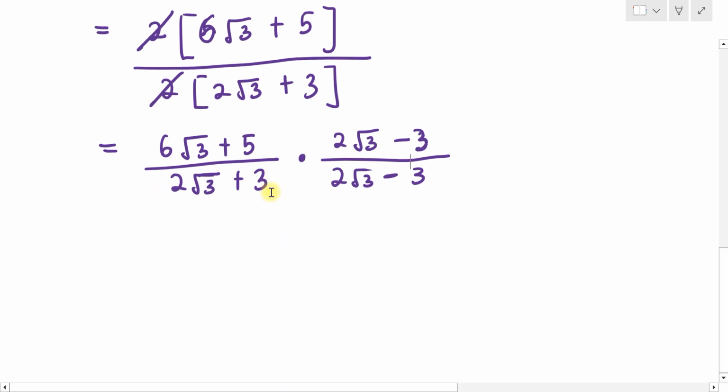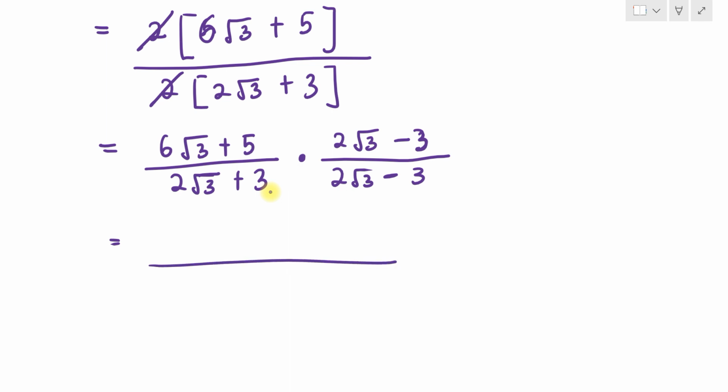Okay, right, and then we try to multiply 6√3 multiply 2√3. Okay, 6√3 multiply 2√3, so 6 times 2 is 12.